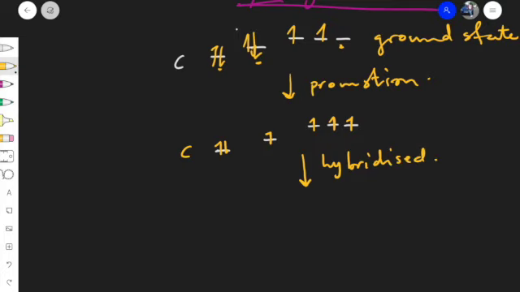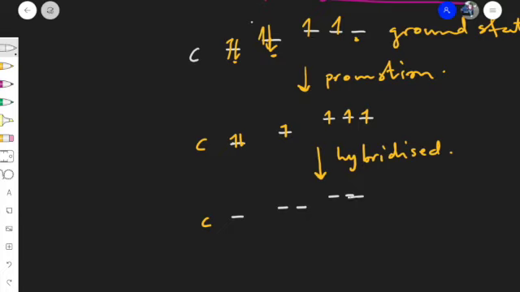And when they become hybridized, what is going to happen is that the s orbital and one of the p orbitals are going to be hybridized.